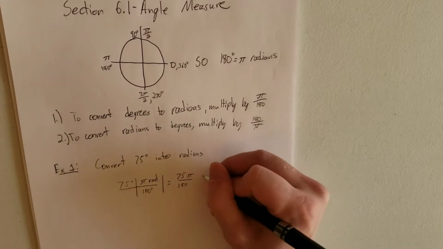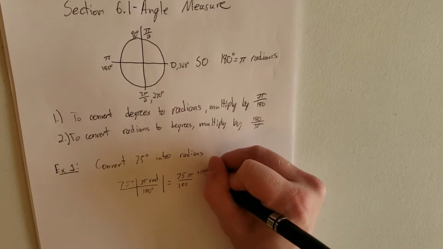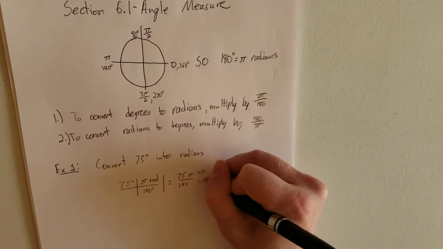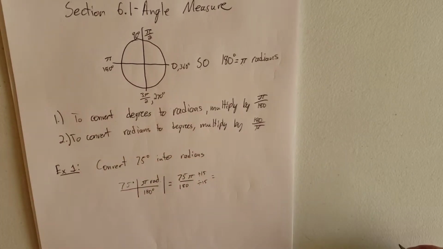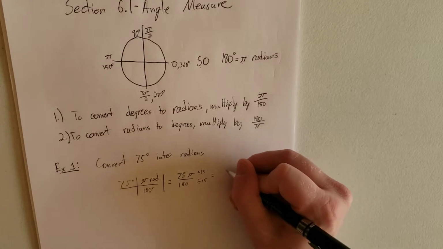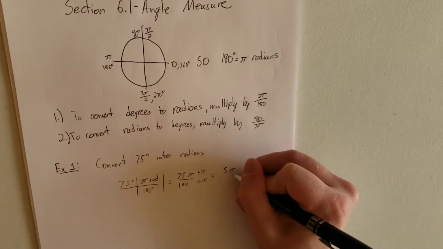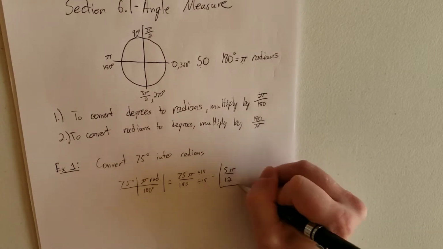We can reduce 75 over 180 by dividing by 15 on the numerator and denominator. And when we do that, we get 5 pi over 12.